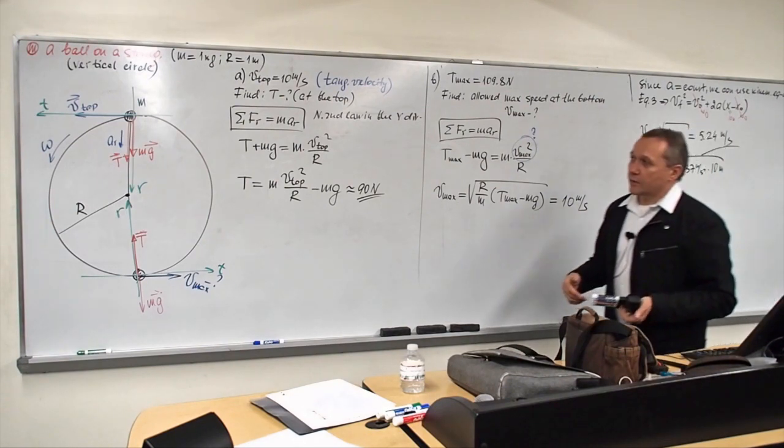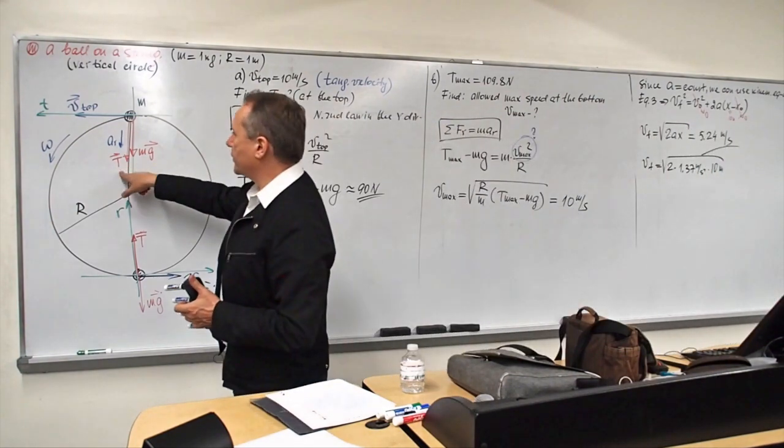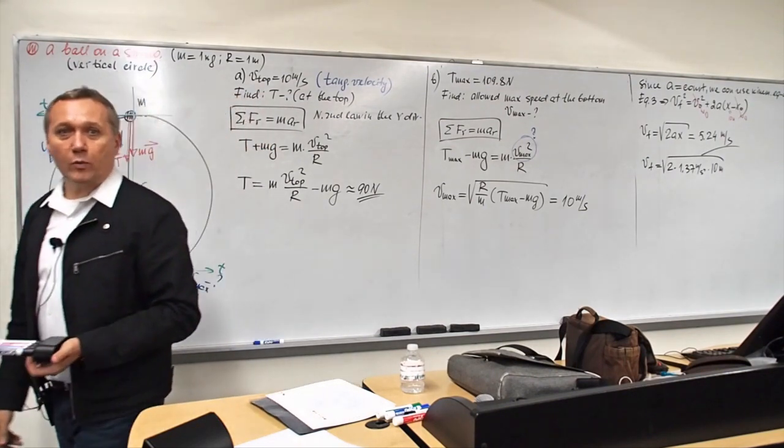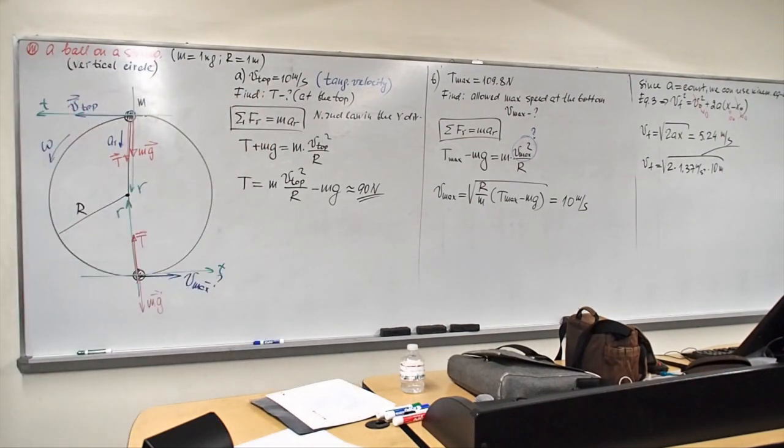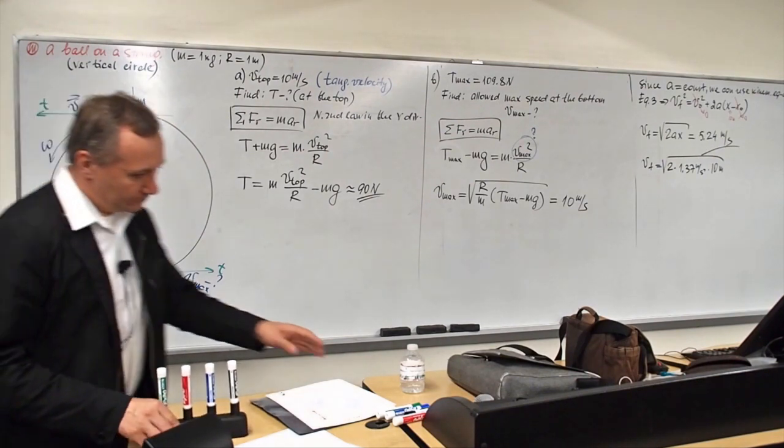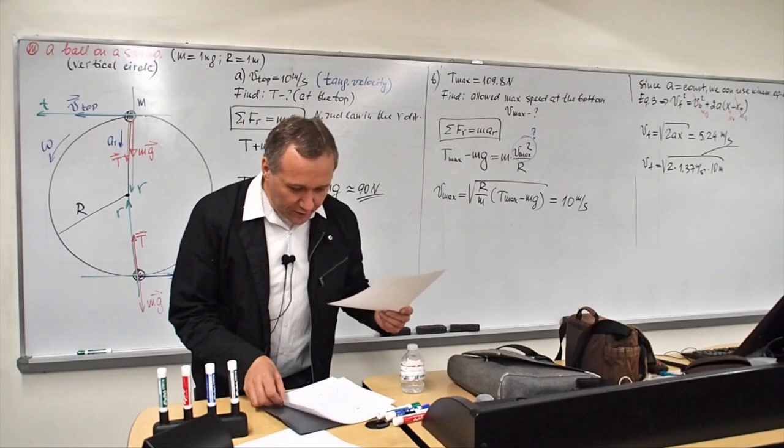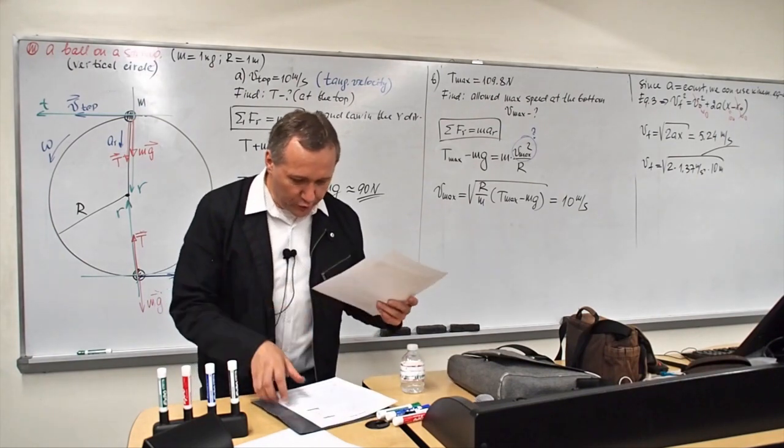In the case of gravity, if it's a satellite, instead of tension, you'll have only one gravitational force, the universal law of gravity. Okay, there are two additional problems, but I'm not going to look at them.